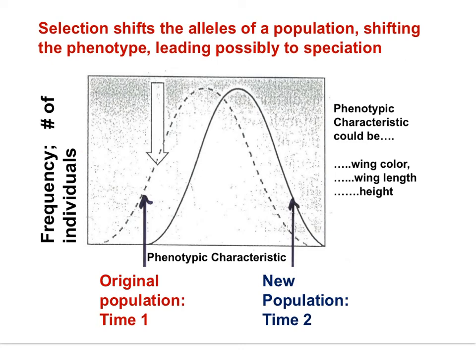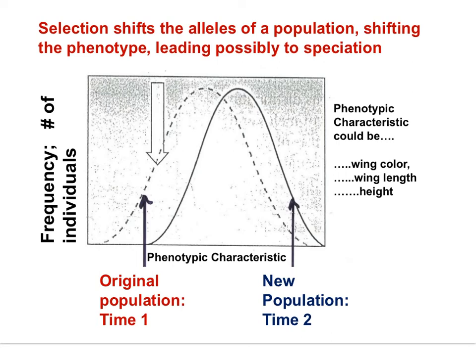The original population at time 1 is represented by this curve. Then the environment changes and selection pressure acts against this phenotype. Individuals with this phenotype fare poorly in the environment, while individuals with this phenotype do well. This phenotype survives and reproduces at rates higher than others.